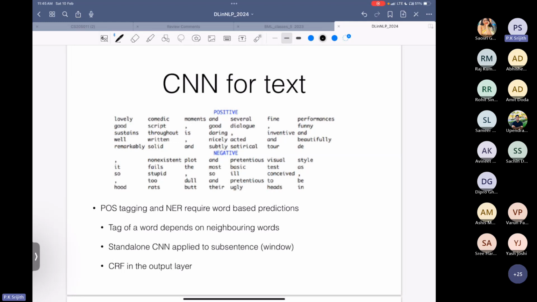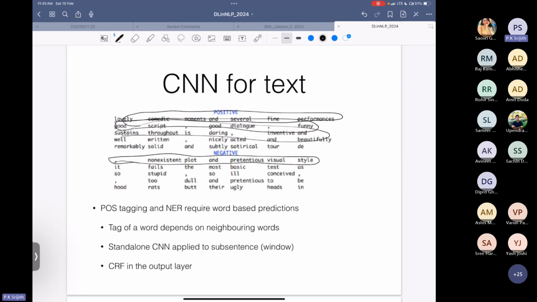It gives very high values for sequences of words like these, which represent some positive aspects about a review. While another filter tried to extract some negative aspects about the reviews. It gave very high value for some sequence of words like this, which considers some kind of negative aspects about a review. So this is a simple way in which CNNs can be used for text classification.